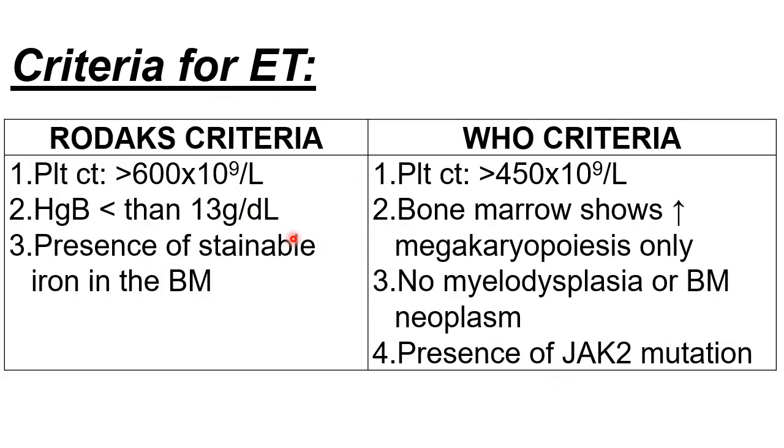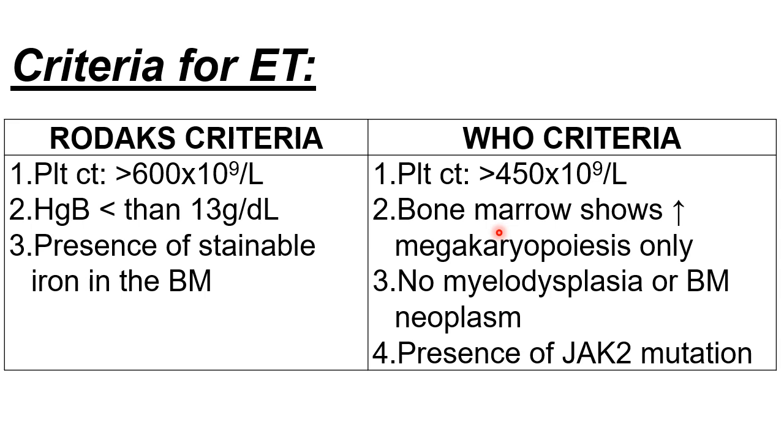So, balikan natin ulit yung criteria natin for ET. So, magkaiba yung WHO and RODAX criteria. Sa RODAX, again, above 600, plus, ang hemoglobin mo dapat is less than 13 with stainable iron in the bone marrow. Sa WHO, mas marami ang kanyang criteria. Number 1, dapat above 450 ang platelet count.